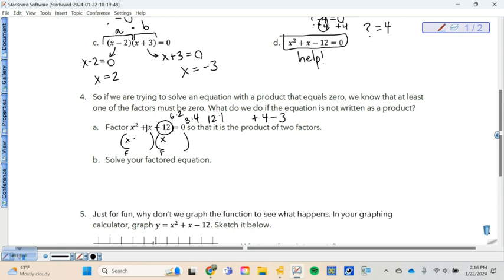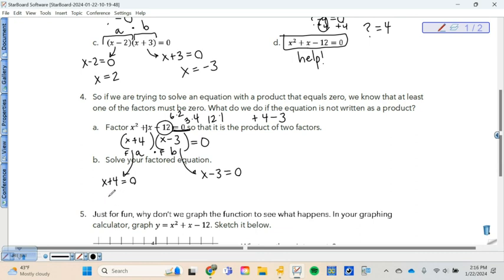So that tells me my factors, x plus 4, x minus 3. So x plus 4 times x minus 3 equals 0. And now we're able to solve that, because if that equals 0, that means that x plus 4 equals 0, or x minus 3 equals 0.